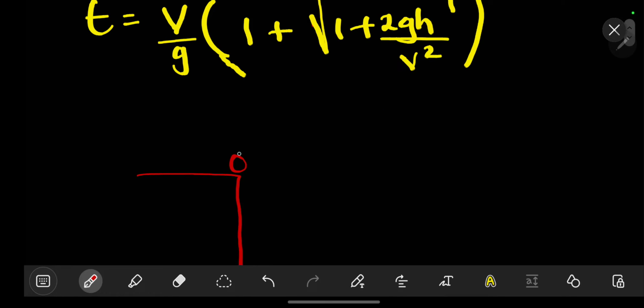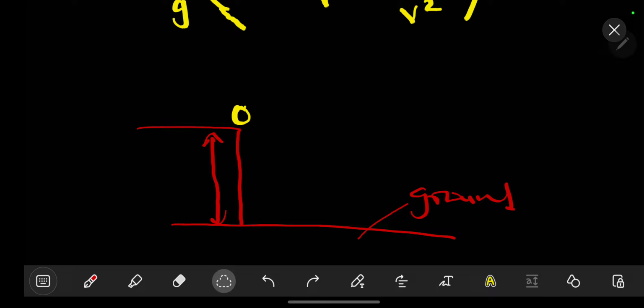So if the ball is thrown up there, as it is thrown up, it then just misses where it was thrown, and it goes until it strikes the ground.